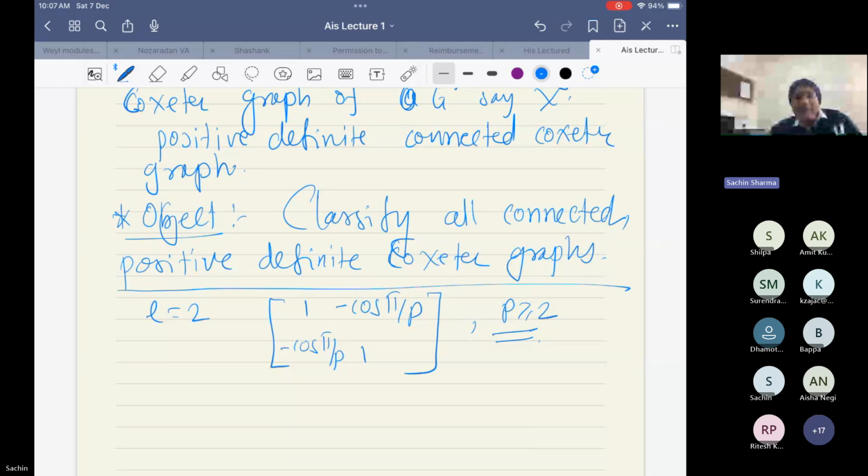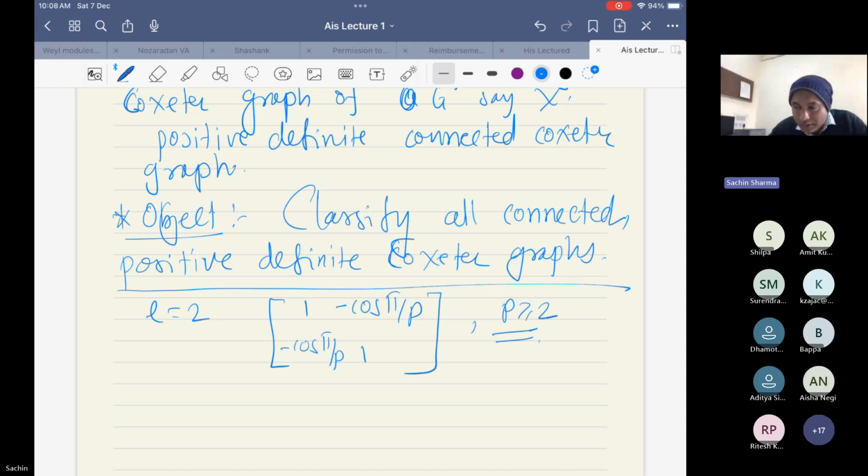What is the necessary and sufficient condition? Somebody from the participants? Maximum value occurs at the diagonal? No, in terms of the determinants. All principal determinants are positive.